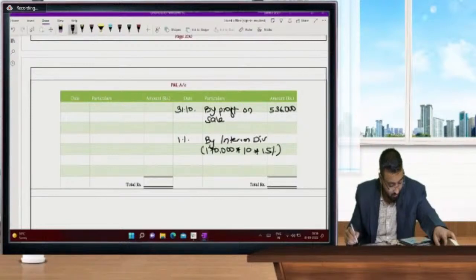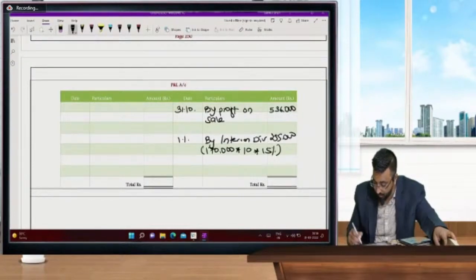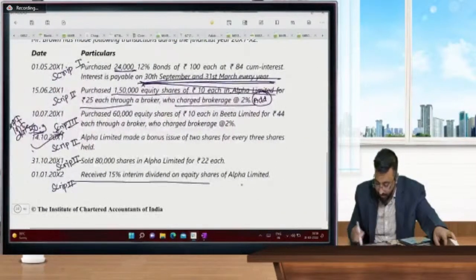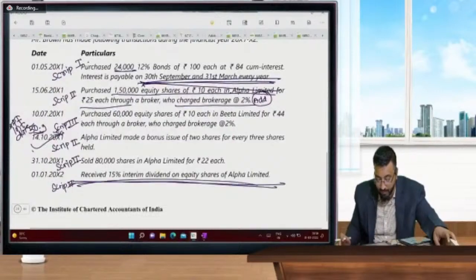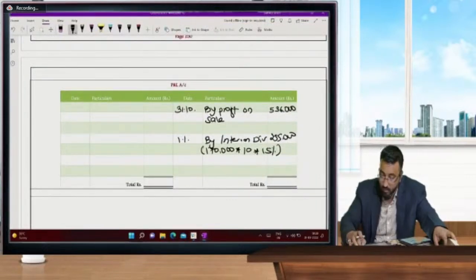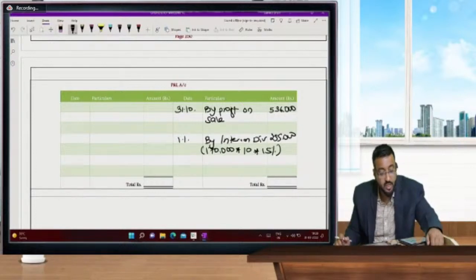Kya hua? 2,55,000. No, woh Beta ka tha, sorry. Accha, Alpha ka, haan sorry, Alpha ka 15% hai 1 January. Sorry, Beta ka nahi, Alpha ka. Yes, I forgot. 536. Beta, brokerage percentage are not given in the sales, Suvarnesh.